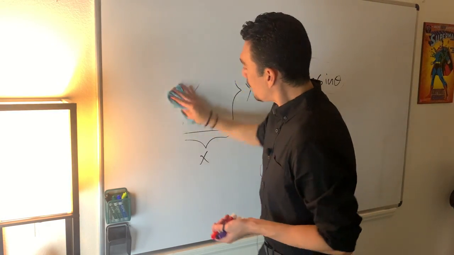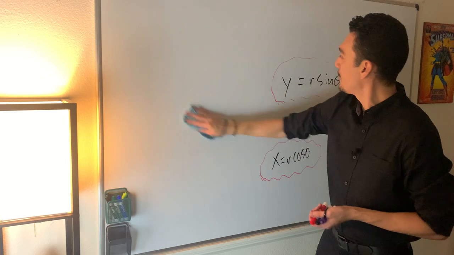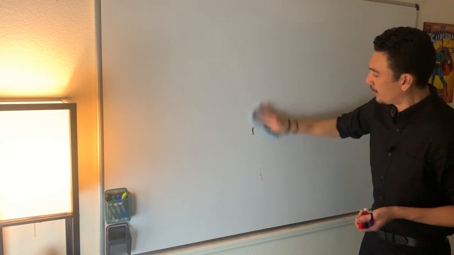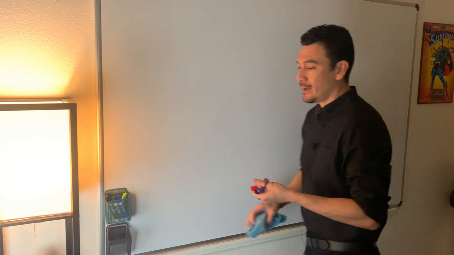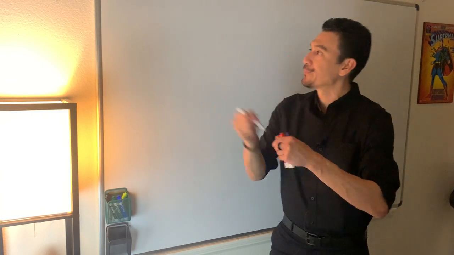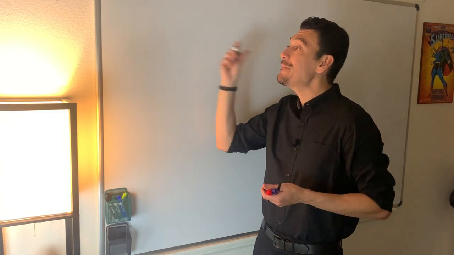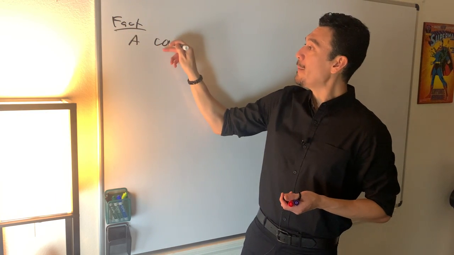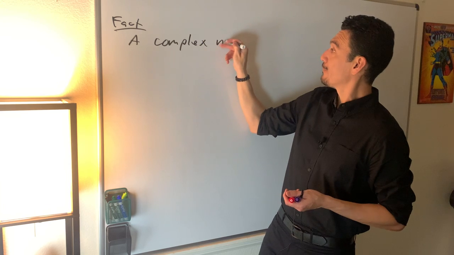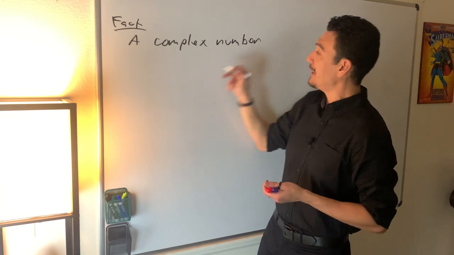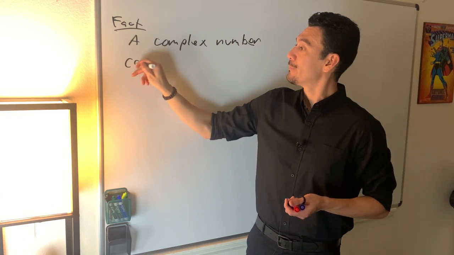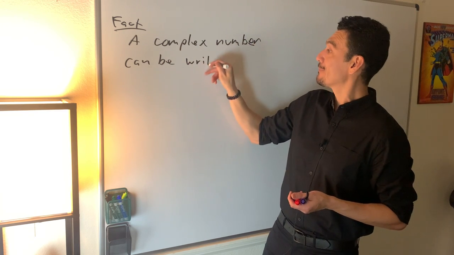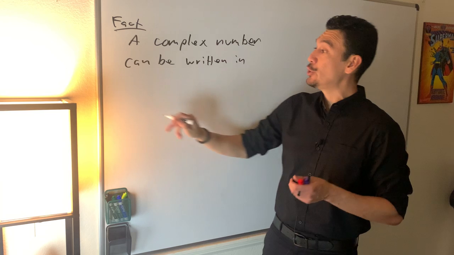So now for this part, we can call this complex numbers in polar and rectangular forms. Here we go, a fact: a complex number can be written in two ways.